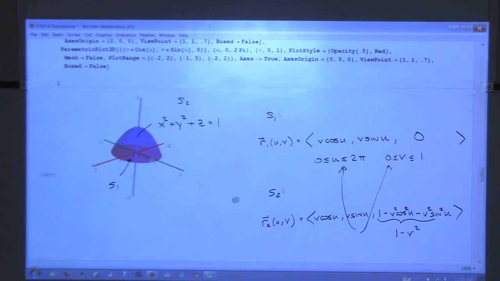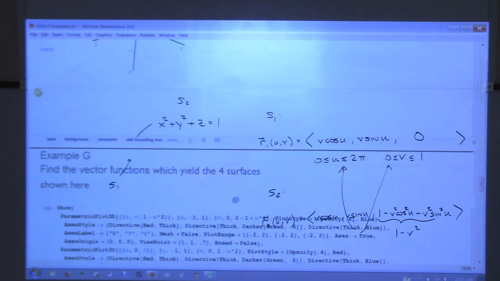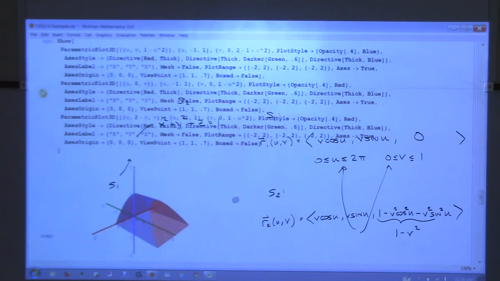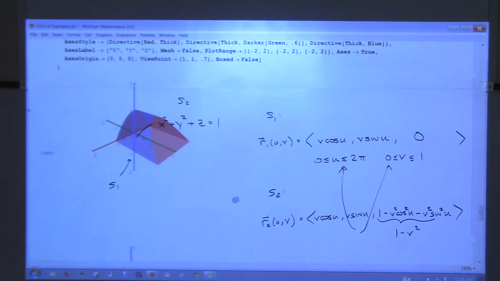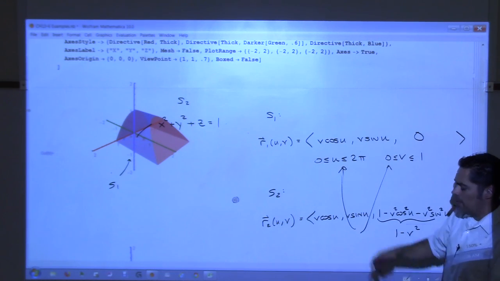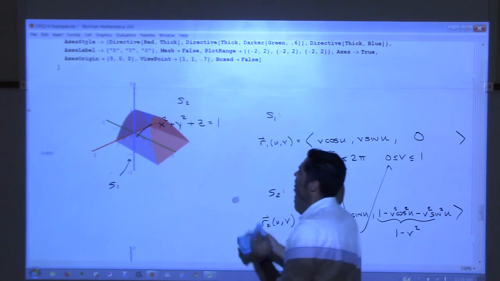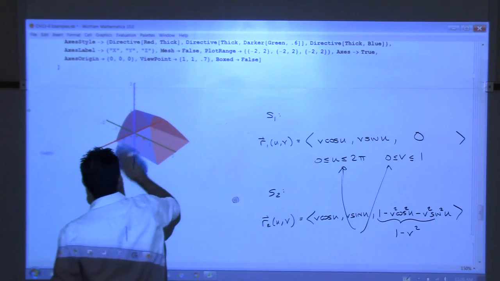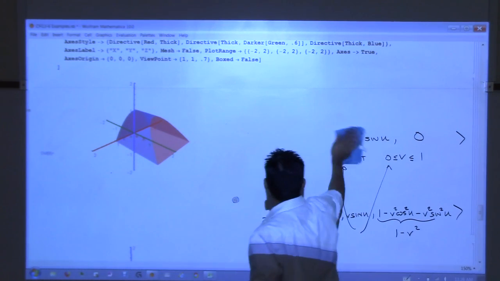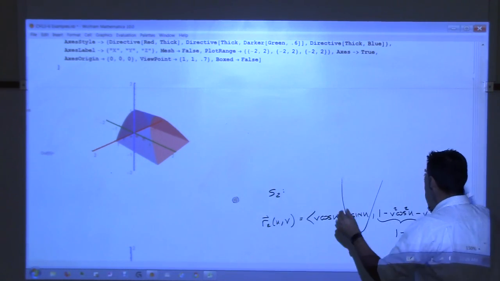All right. We have another one. Last one. Well, there's nothing to do. This is what we're doing. We're practicing coming up with these functions because we need to be able to do that. And that's what I said last class. The book just says, hey, you can draw a surface using these vector functions.